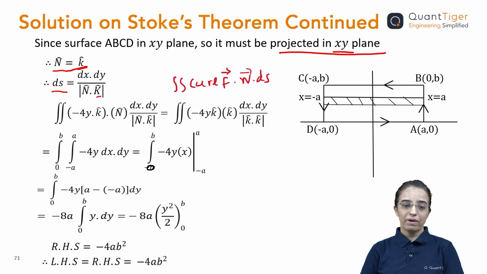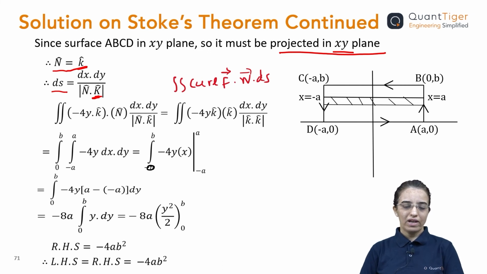That means the unit vector along the axis perpendicular to the plane is k cap. I have explained all these points in detail when we studied surface integral. Here the same thing we will be using.